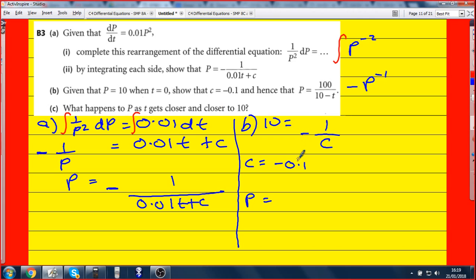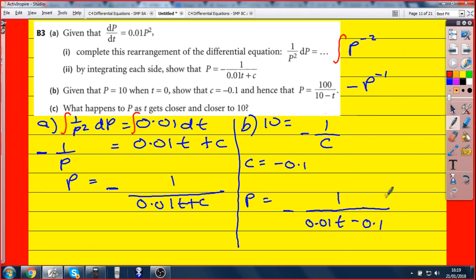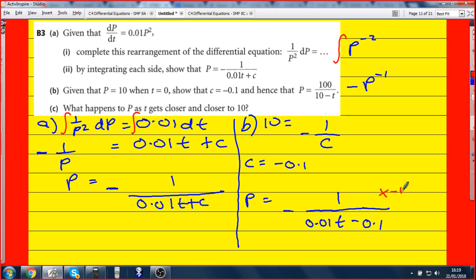I would sub C in first. What does it look like they did to the top? Yeah, I believe they times it by minus 100, to the top and bottom.